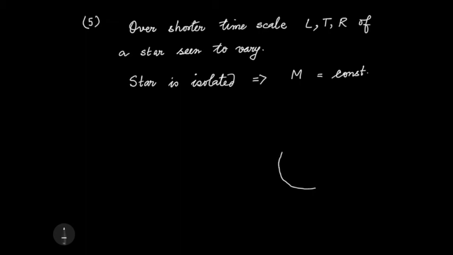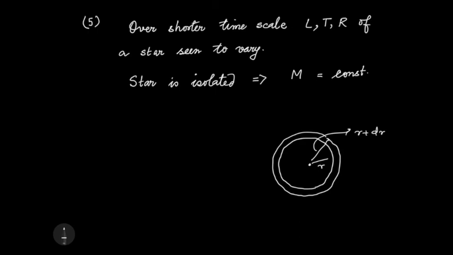Even when you try to write down the differential equations, say the radius changes. So if I consider a shell at radius r and r plus dr, because the radius of the star can change, say the entire star is expanding like a balloon, then I cannot ask the question what is this area and what is happening to this area, because there is a time change that will come into the picture.